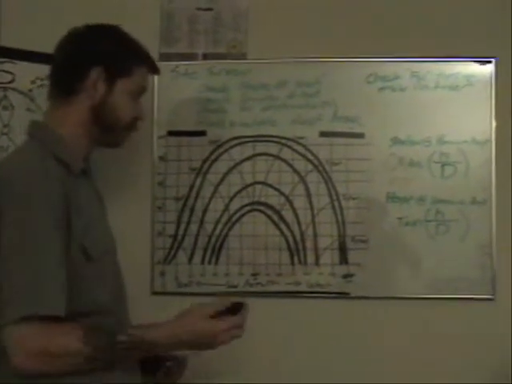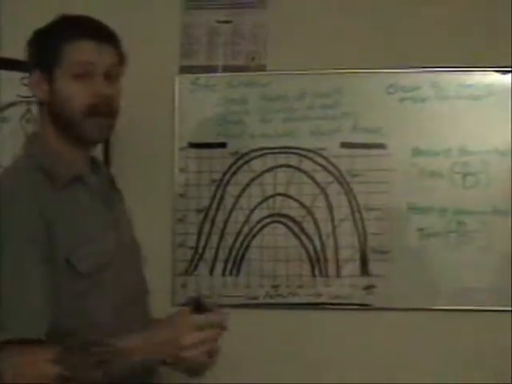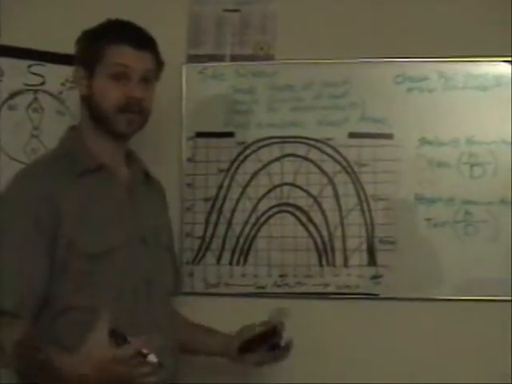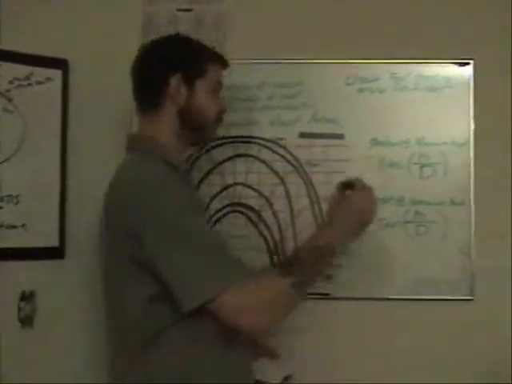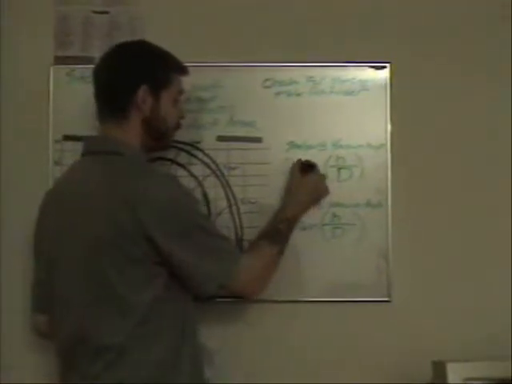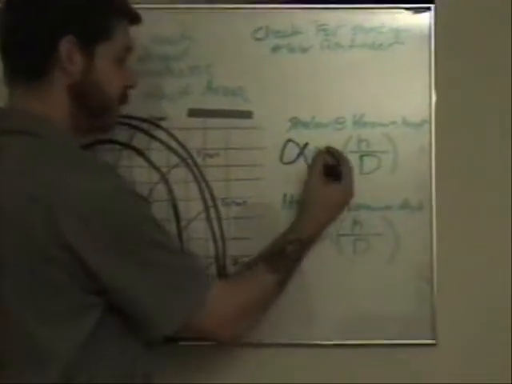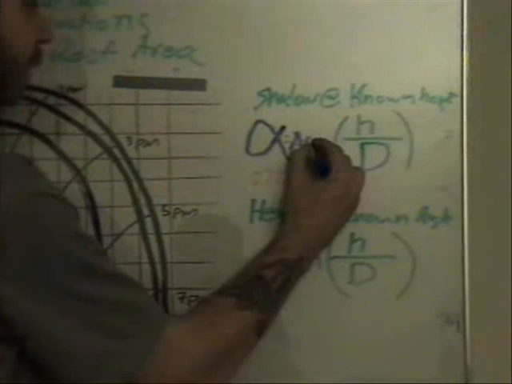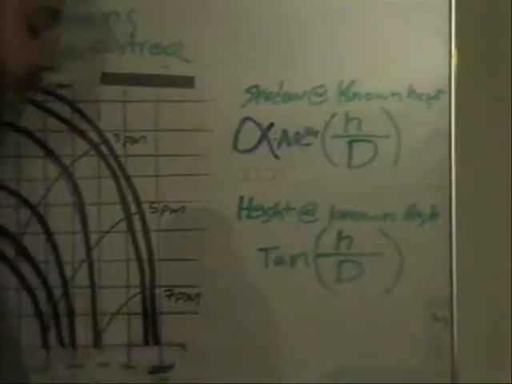I'm stoked. Okay. The way we're going to find a shadow distance for a known height is we're going to use this formula. Theta equals the arctangent of the height divided by the distance.